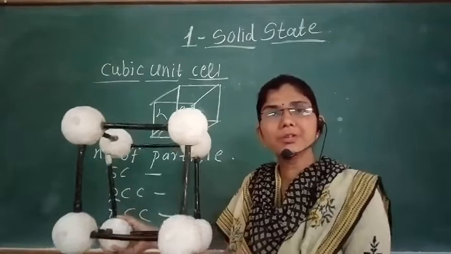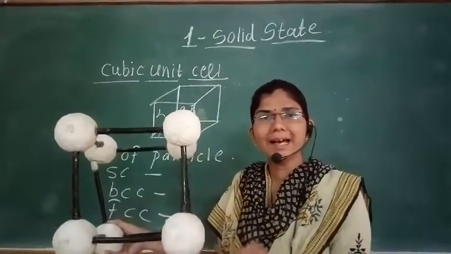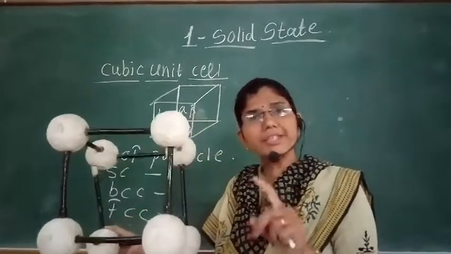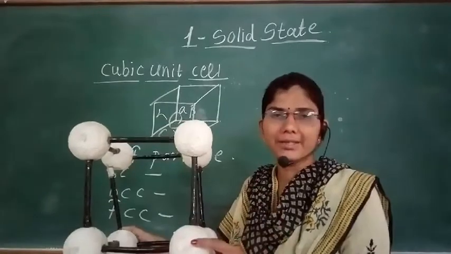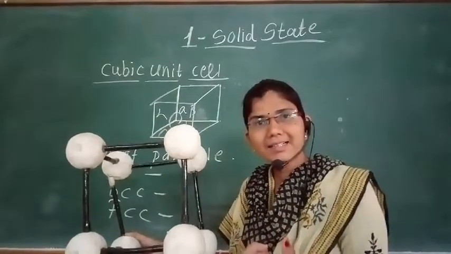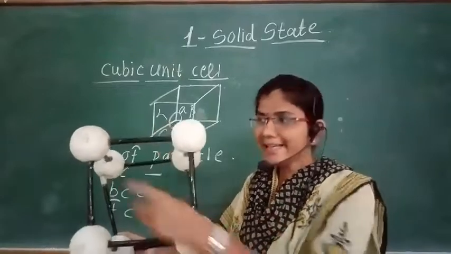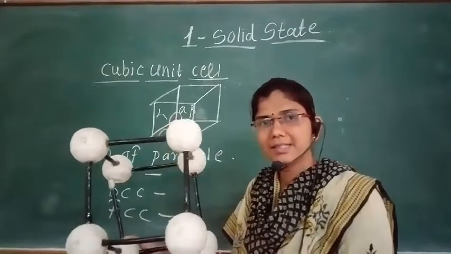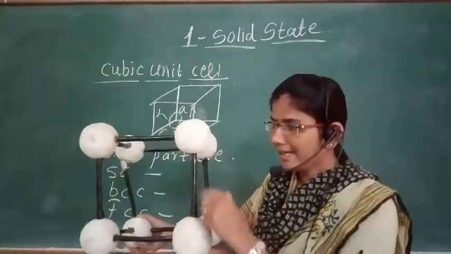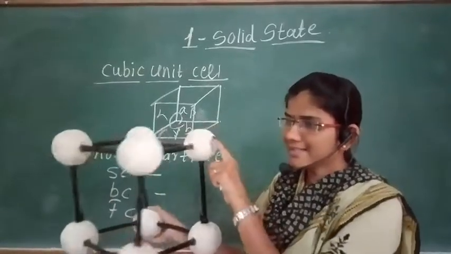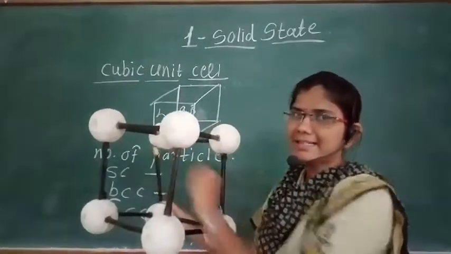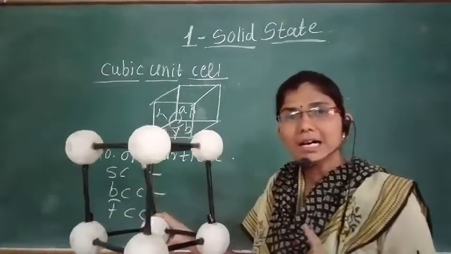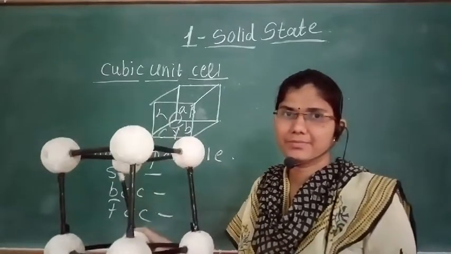Primitive or simple cubic unit cell means they have only 8 corners. Each type of unit cell is distinguished by its edge lengths. These are the edge lengths of the cubic unit cell. The edge lengths are a, b and c, and the angles between them are alpha, beta and gamma.